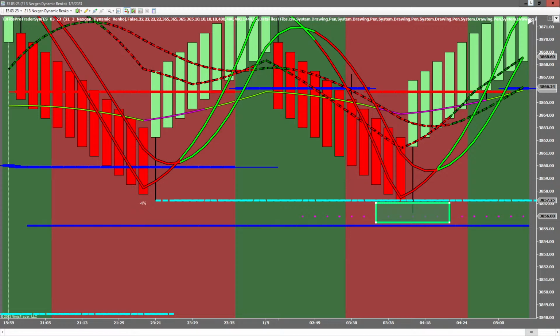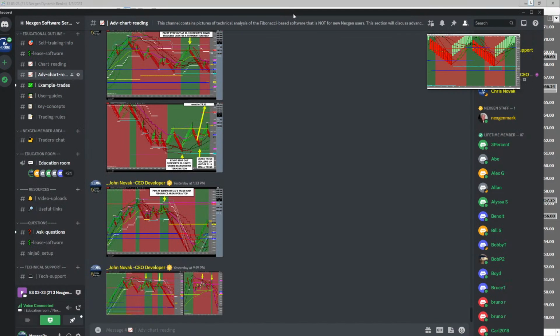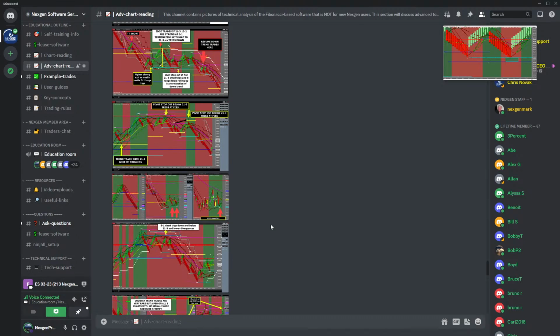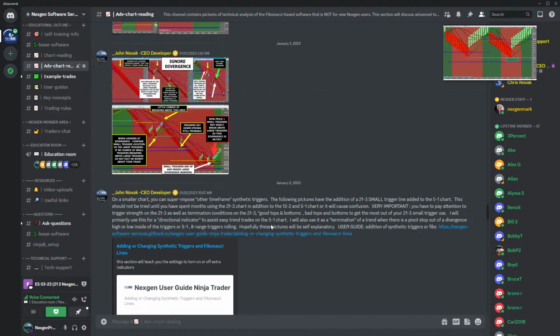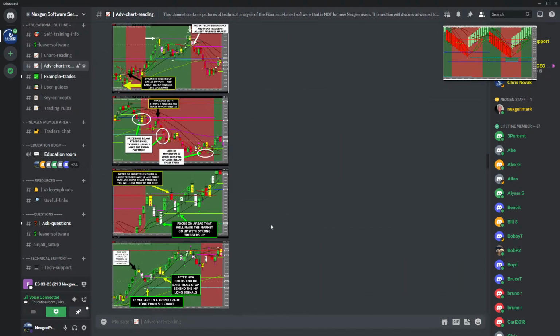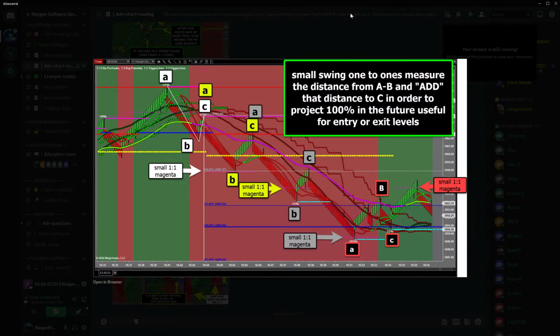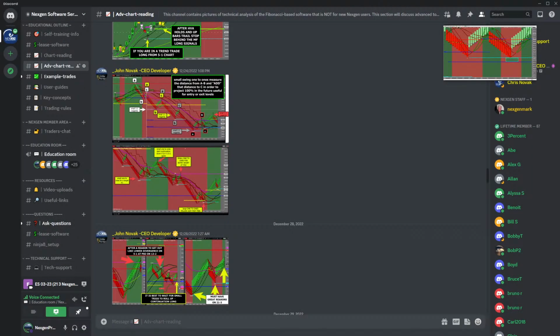I put, just so you can see, in the advanced chart reading section, a lot of pictures for you guys that you're going to be able to use. Let me just open this one in a browser, and then I'll get rid of this, and we'll go back to the chart.